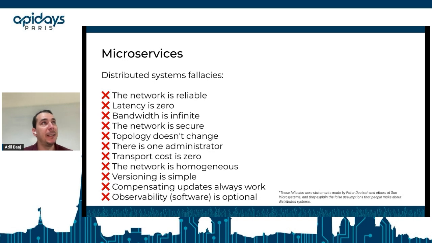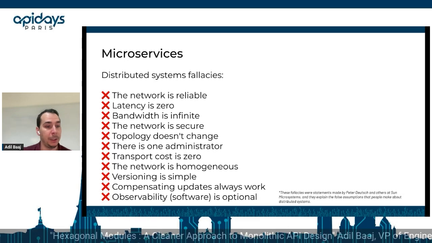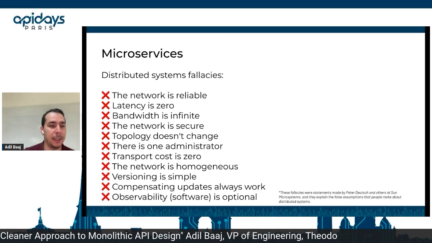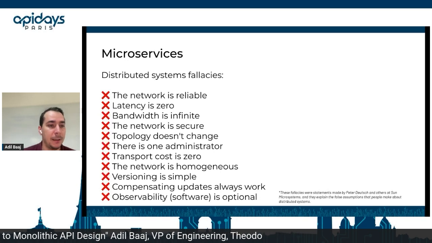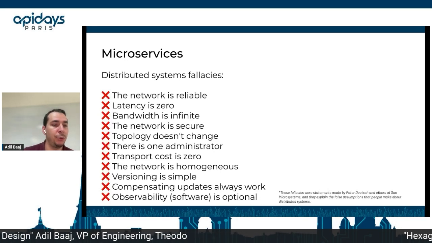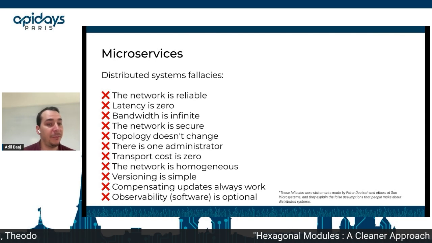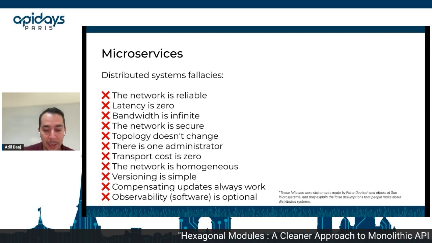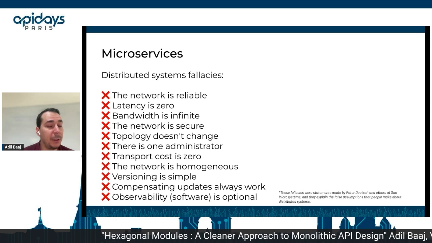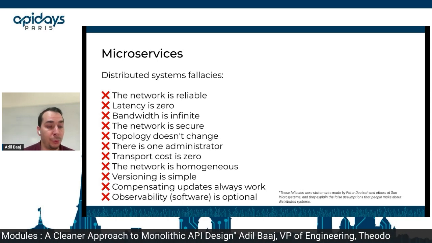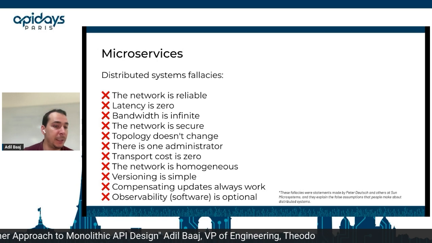So in the 1990s, some engineers from Sun Microsystems, which is the ancestor of Oracle, noticed that developers and architects who try to design and implement distributed systems usually would fall into a trap, which they called the distributed system fallacies. These fallacies are hypotheses that we would assume as true, when usually in reality they are not true.